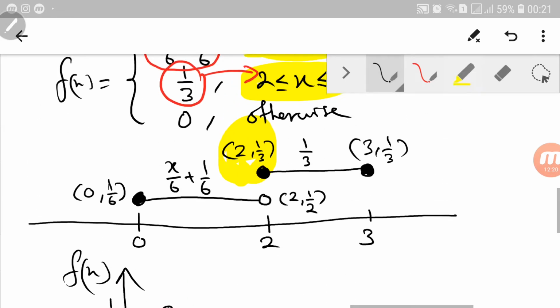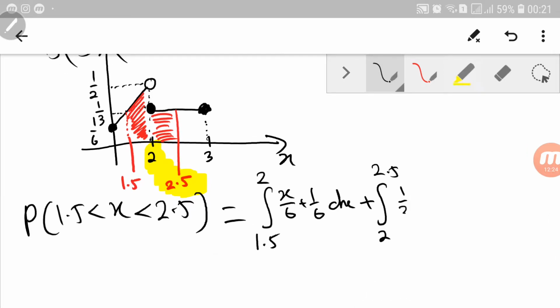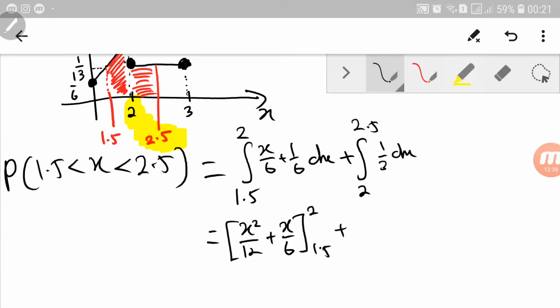For 2.5, the function involved is 1/3. So let's integrate it: x squared over 12 plus x over 6 plus x over 3.